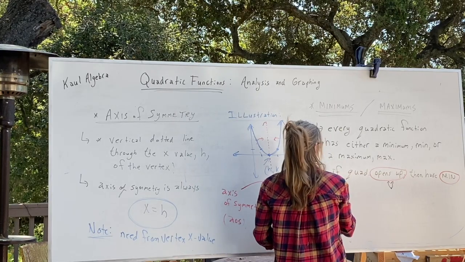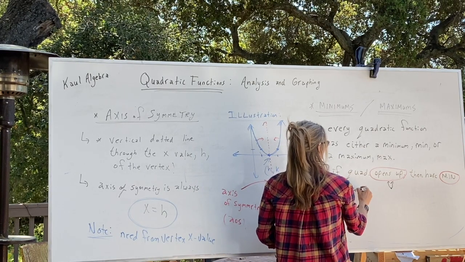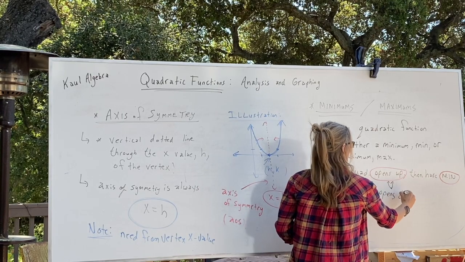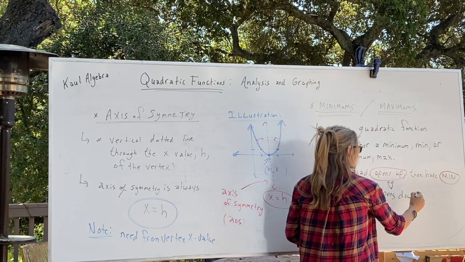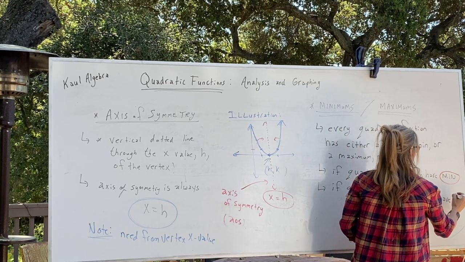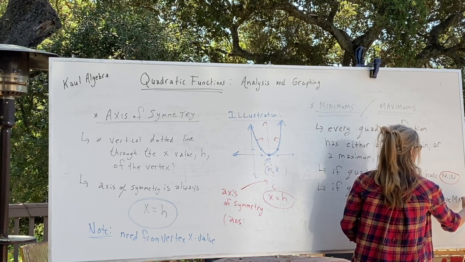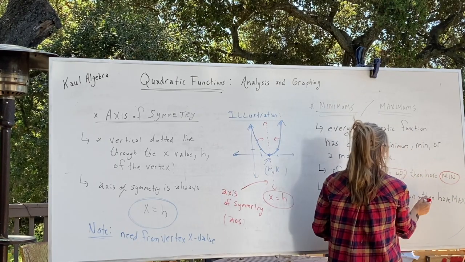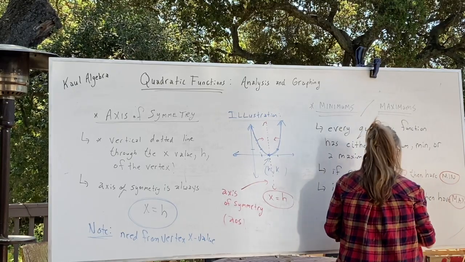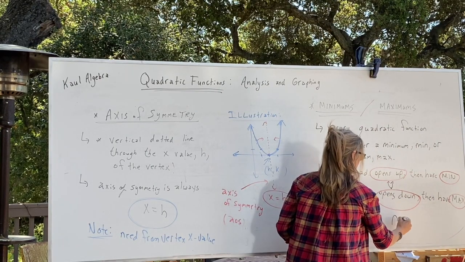Okay. If your quadratic opens down, then you have a maximum. Okay, so opening downward yields a maximum. So downward would look like this.